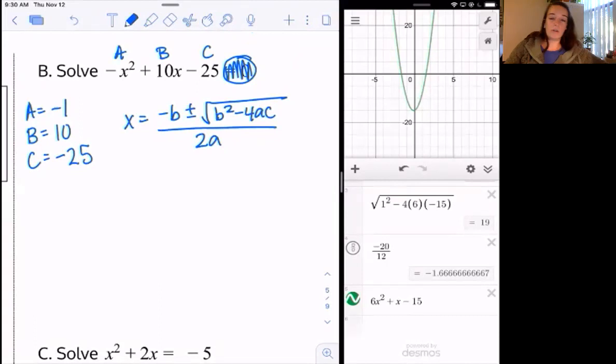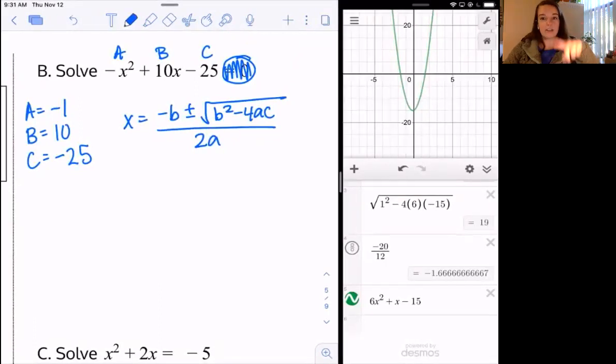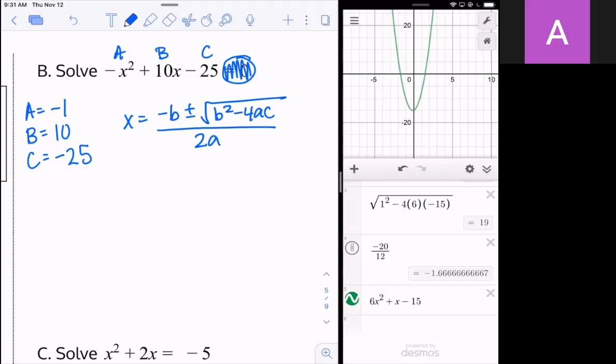All right, so we set equal to 0, we identified A, B, and C, we wrote out our formula. What is the next step? What is step 3? Plug them in. Plug it in, yeah, plug it in for sure. The setups, yes.